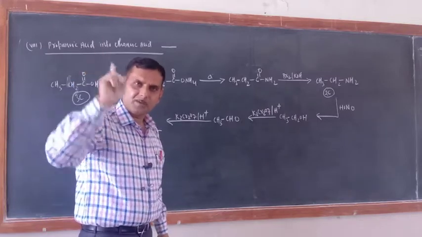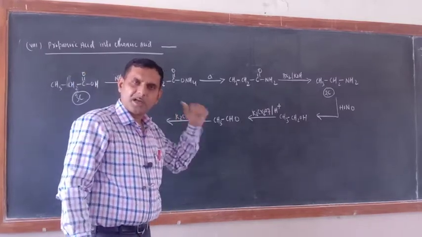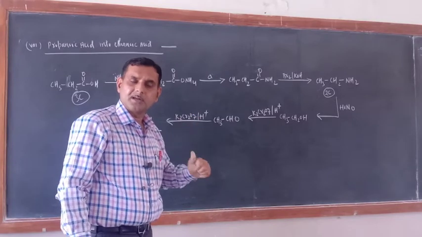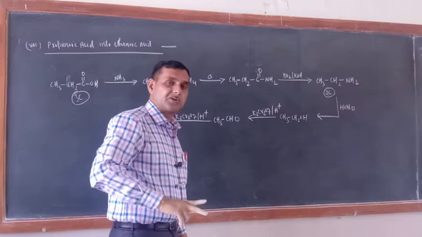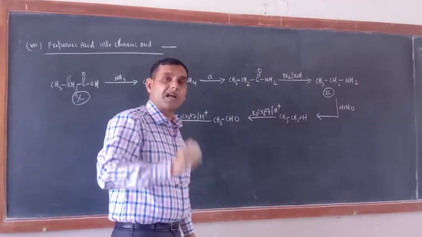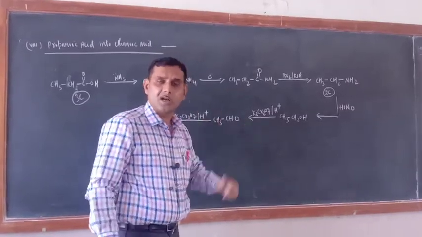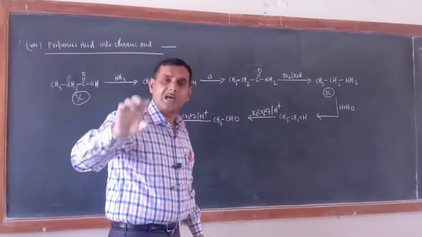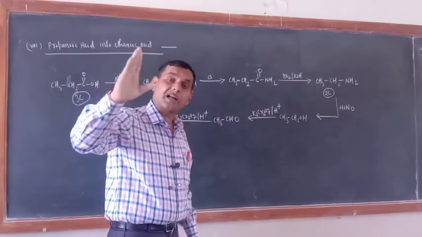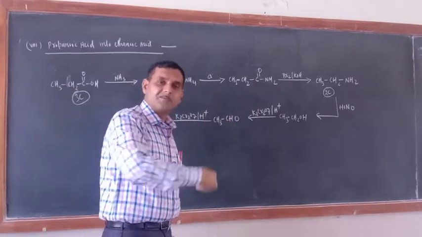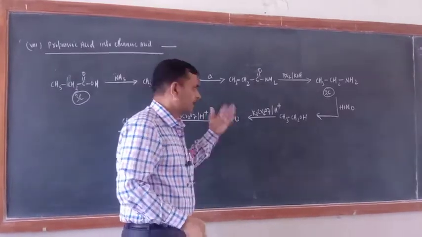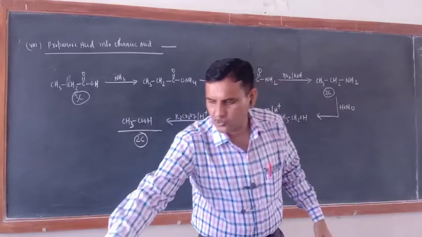Reduction product of carboxylic acid is aldehydes and ketones, and reduction product of aldehydes and ketones is alcohol. You can say in this way also, the final reduction product of carboxylic acid is alcohol. In between, aldehyde and ketone are also there. In this way this exercise is also completed.